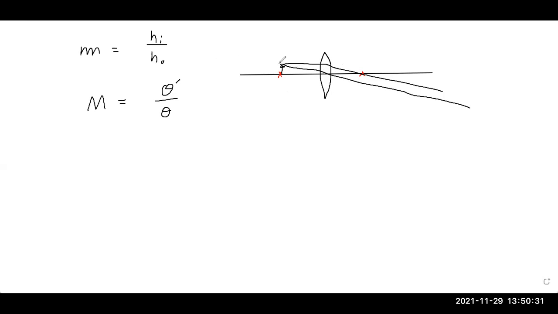If we trace them back, maybe they'll meet way, way, way out here, for someone that is looking at it. So there's the eyeball. And we can make the eyeball much closer.